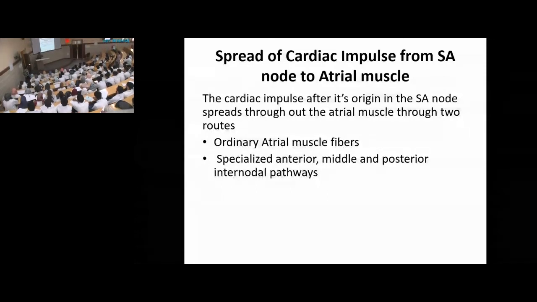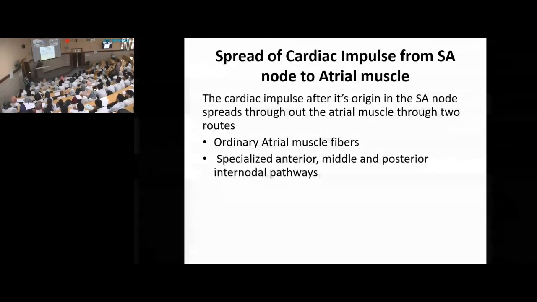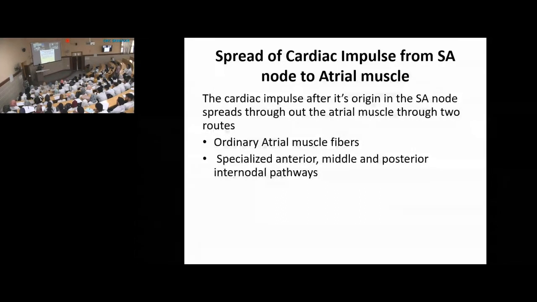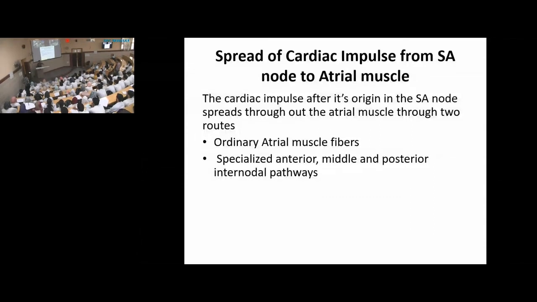through atrial muscle fibers. Second is through specialized anterior, middle and posterior internodal pathways. As I showed in the diagram, there are three internodal pathways which connect the SA node to the AV node. So the impulse also goes through these three tracks to the AV node.